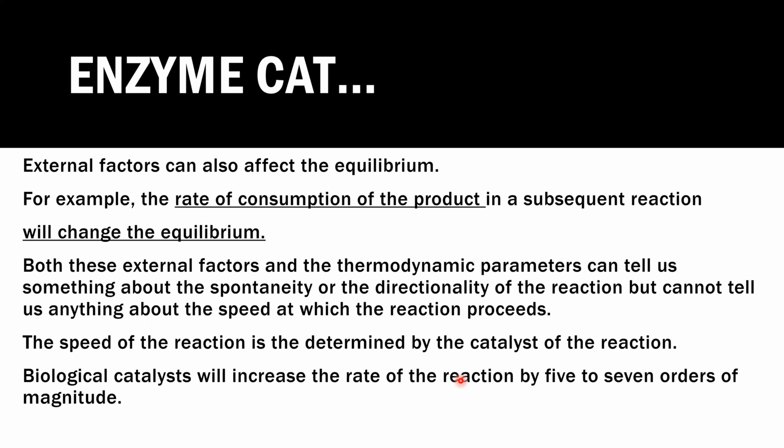The biological catalyst will increase the rate of the reaction by 5 to 7 orders of magnitude. Why? Because the biological catalyst has to work in a very delicate system, and biological catalysts are largely enzymes, which are protein in nature. Very few are RNAs, but usually they are protein in structure.